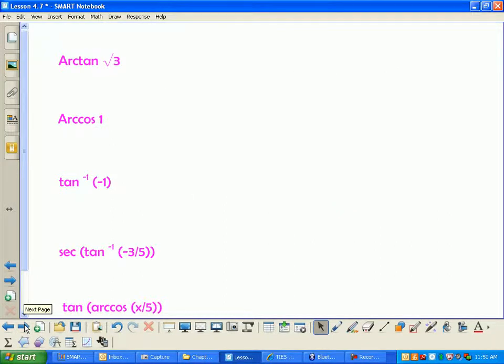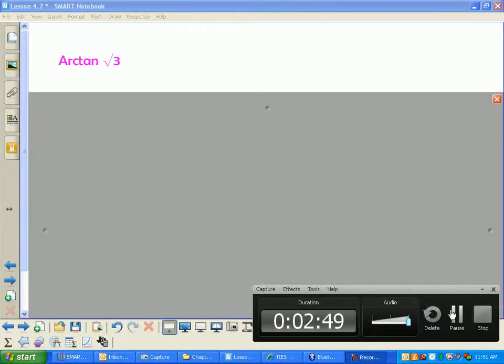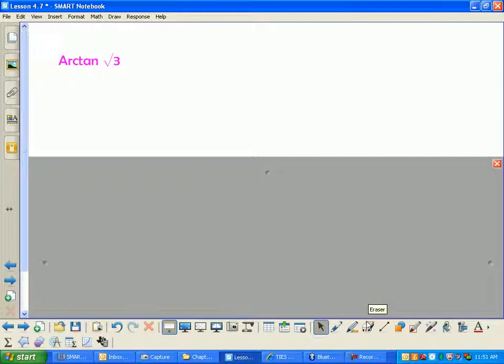Okay, so let's try some problems. Let's try this. When you are asked to find arctan of square root of 3, I want you to understand what this is asking you to do. You're inputting a number.